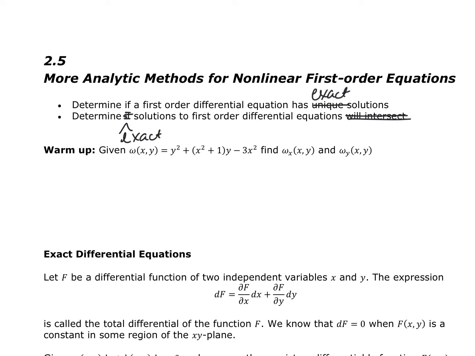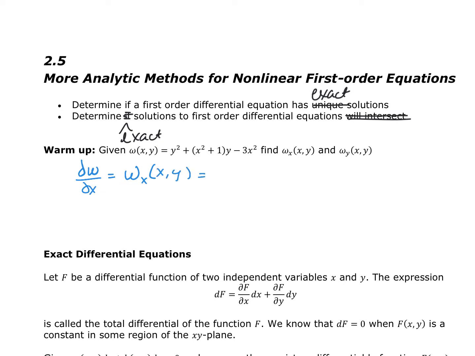We're going to start with a warm-up where we're asked to find the partial derivative with respect to x and with respect to y, given this function omega in terms of x and y. So the partial derivative of omega with respect to x, notationally the same as omega sub x, is a nice little refresher here.